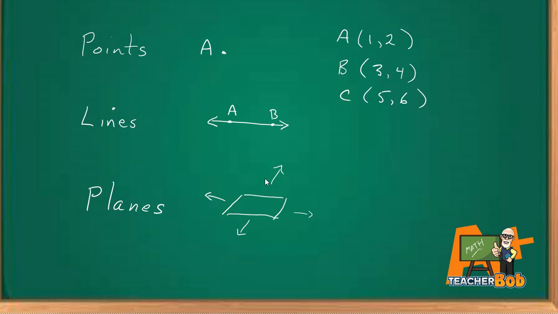Well, we want to determine if they're on the same line. To check if they're collinear, we need to use the slope formula between any points, and we can do that.